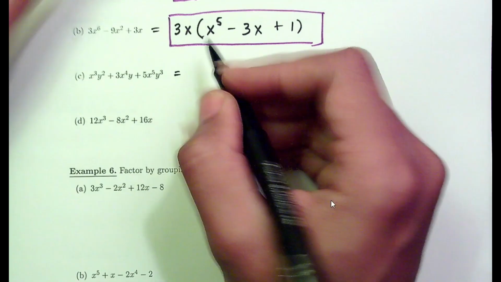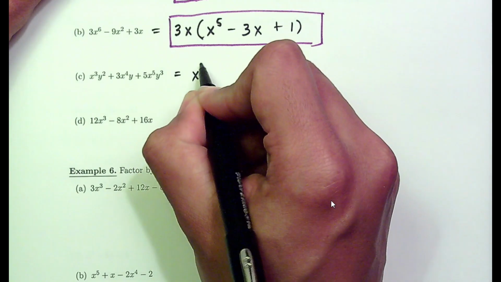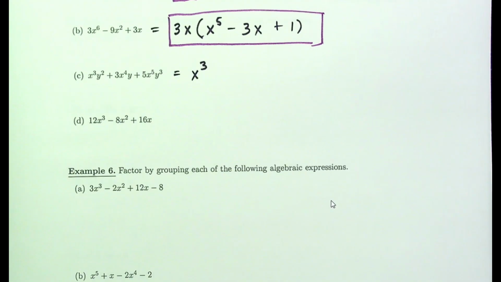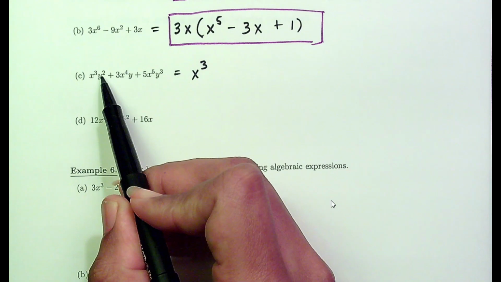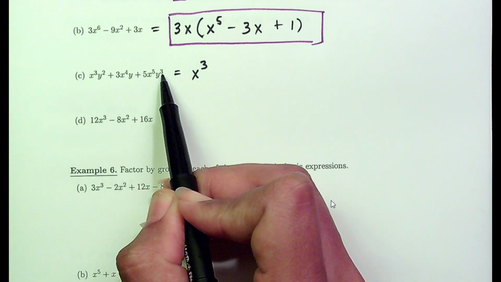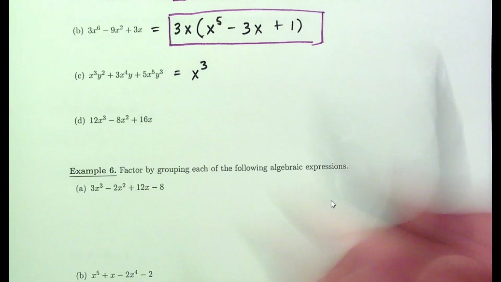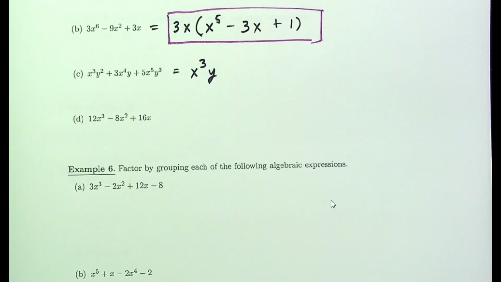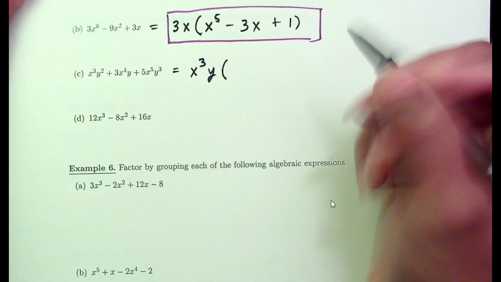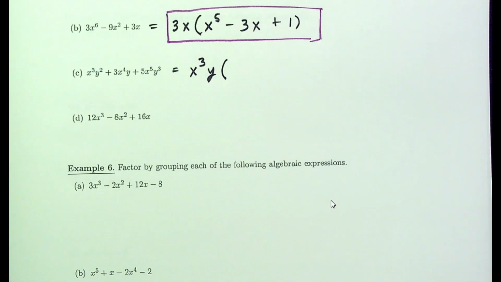The smallest one of those is x cubed. That's the biggest power I can pull out from all of them at the same time. And then for the y's, the exponents are 2, 1, and 3. The smallest one is 1, so y to the 1, which is just y. Okay, so that is the GCF.